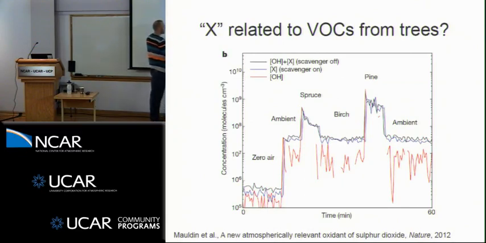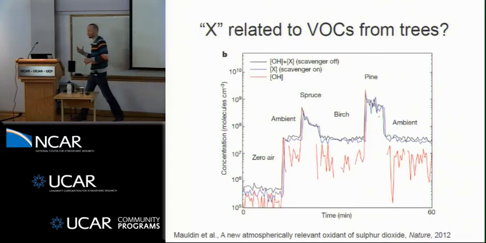In their experiments, if they bring in ambient air, they're getting a certain concentration of sulfuric acid. If they expose it to emissions from different kinds of trees, they get increases in this. So this led them to believe that this extra oxidant for sulfuric acid is associated somehow with the emissions from trees.